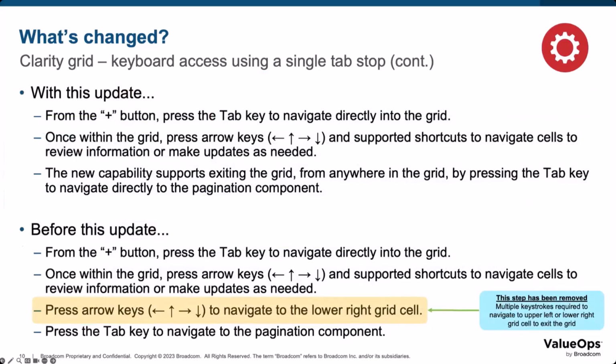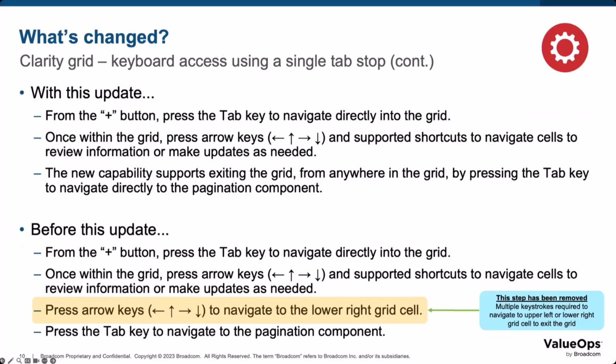So essentially, the new capability supports exiting the grid from anywhere in the grid by pressing the Tab key and navigating directly to the next tab, which is in this case the pagination component. Essentially, users are no longer required to apply multiple keystrokes to navigate to the upper left or lower right grid cell to exit the grid, as in the prior release.